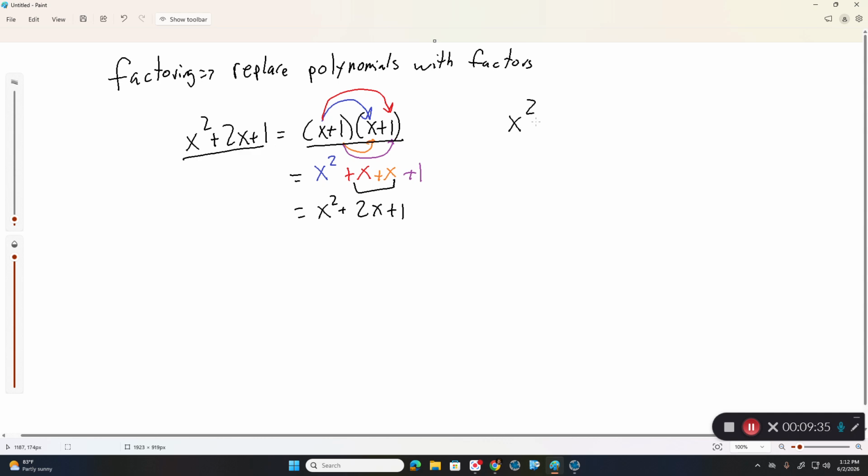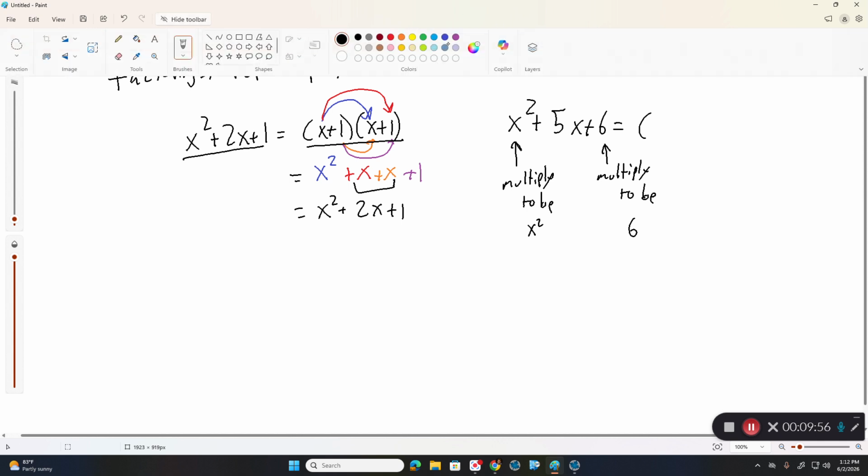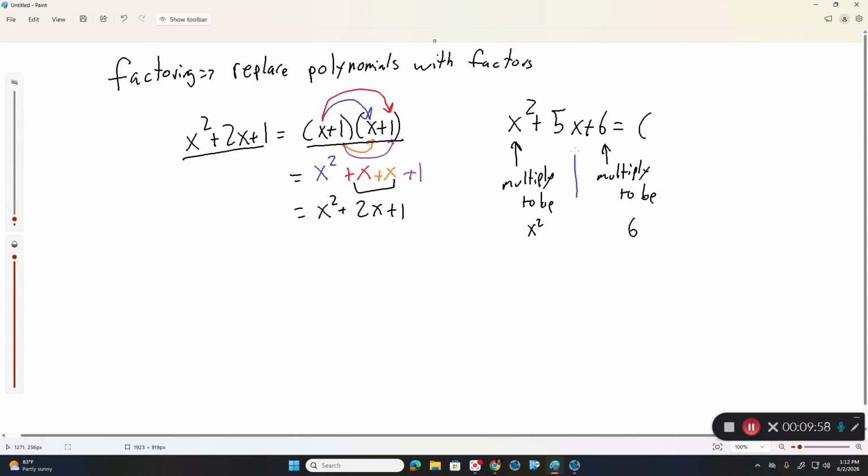So you're going to do a lot of these, but here's one way to think about it. If we think about it, we need to multiply to be x squared. We also need to multiply to be 6, but slightly differently, we actually need to add to be 5, is really what we're trying to think of.